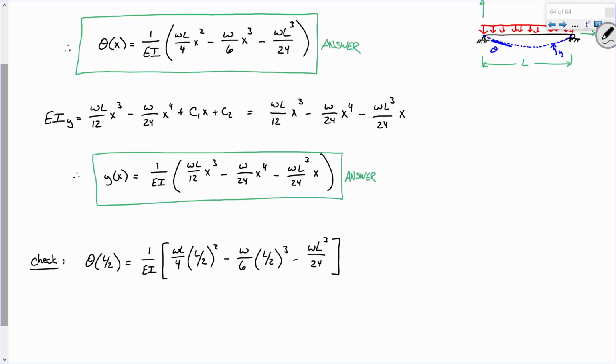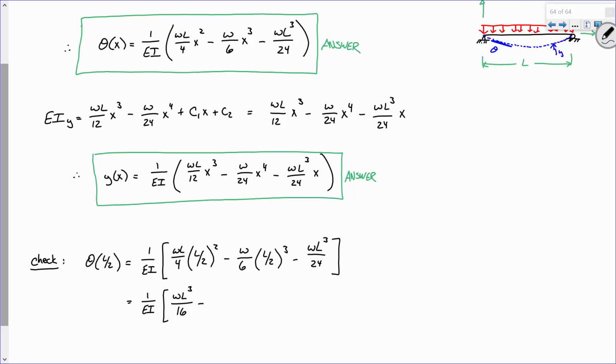That's a 4. Yeah, so 4 times 4. Everybody okay with that? Fractions. 1 over EI WL to the third over 16. All right? Everybody okay with this?